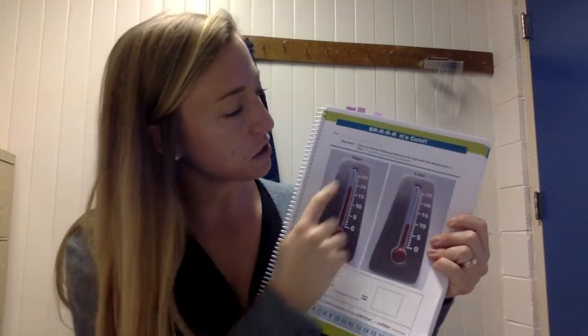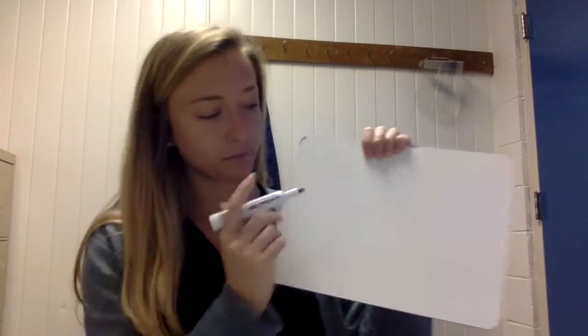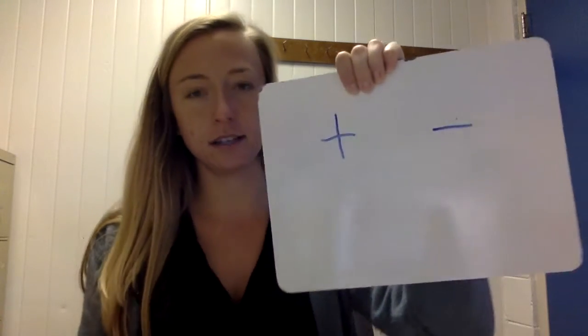Brr, it's cold. The directions read, solve to find the difference between the high and low temperatures. So we just talked about the difference. Is the difference going to mean we need to add or subtract?